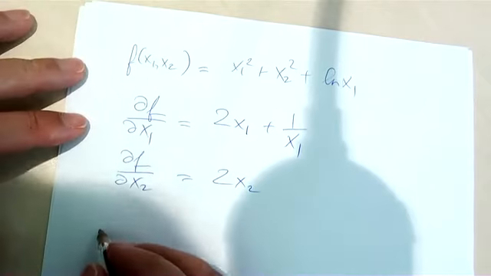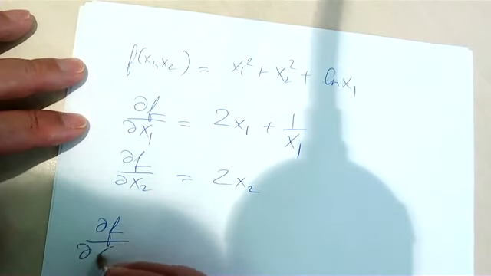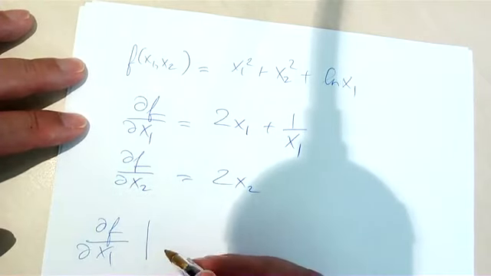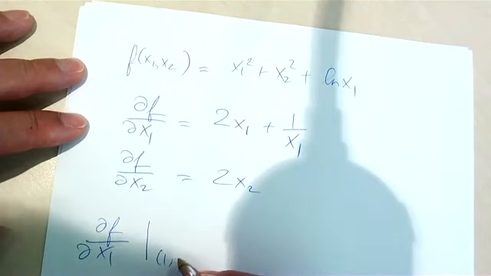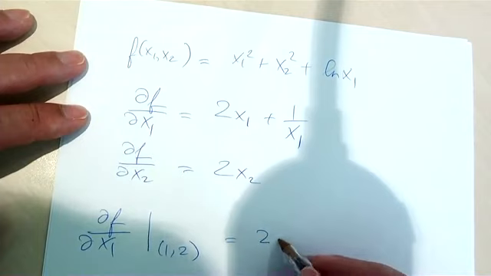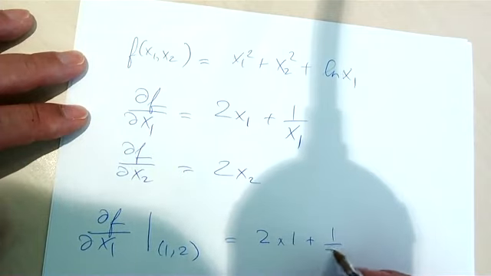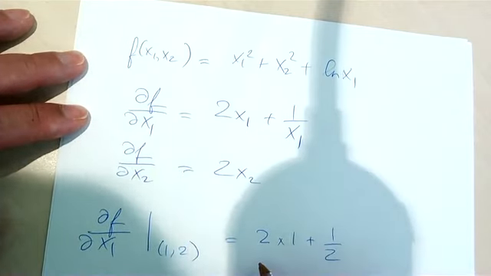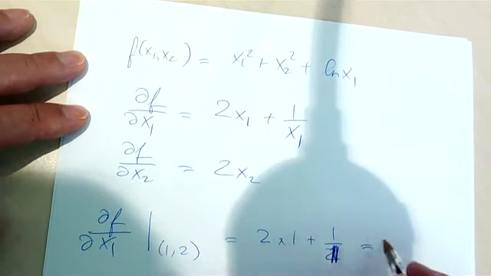So partial f with respect to x1 at 1, 2 will be 2 times 1 plus 1 over 1, because x1 is 1. So it will be 3.